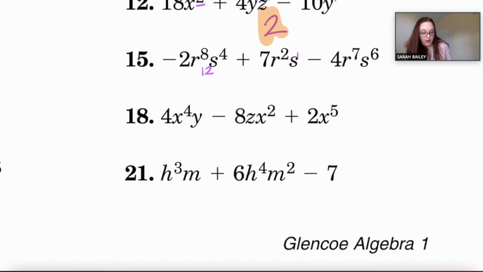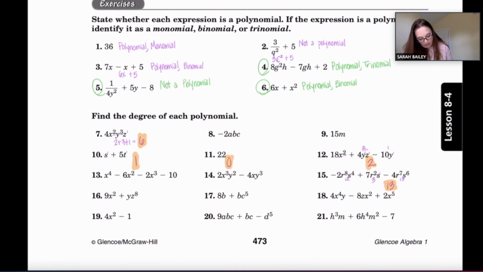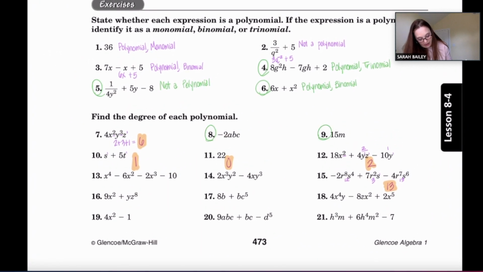That is a degree of 3 because 2 plus 1 is 3. The last term, I'm going to add the 7 and the 6. This is the degree of 13. So the degree of the polynomial is actually 13 because 13 is the highest, okay? Okay, so now you're going to finish this page.